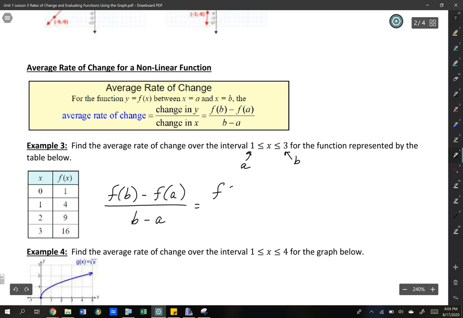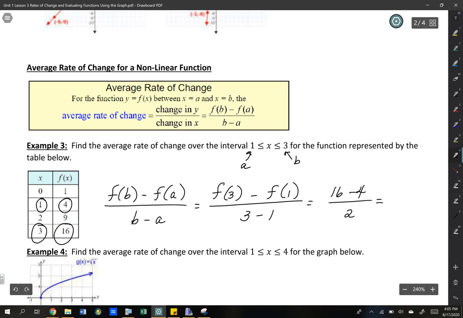So we need f of 3 minus f of 1 over 3 minus 1. Well, f of 3, if I put 3 into the function, I get 16. If I put 1 into the function, I get 4. 3 minus 1 is 2. 16 minus 4 is 12. 12 divided by 2 is 6.